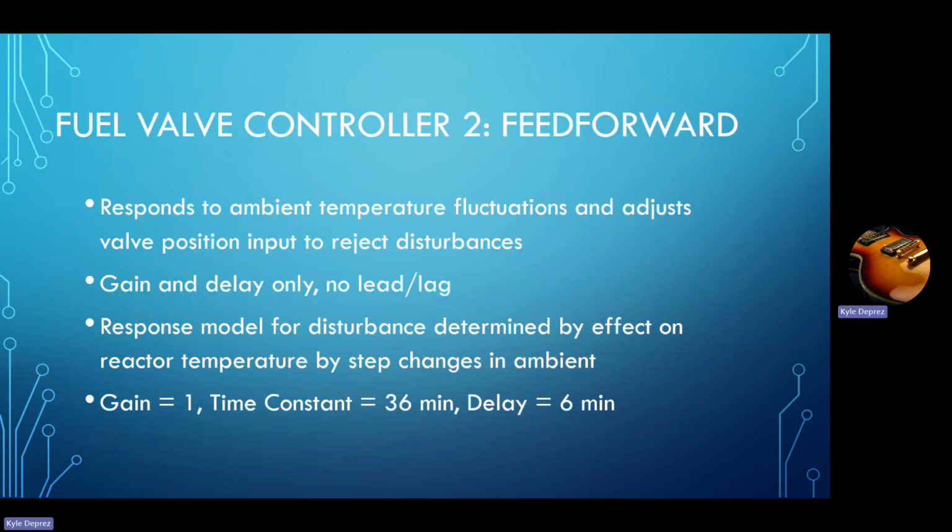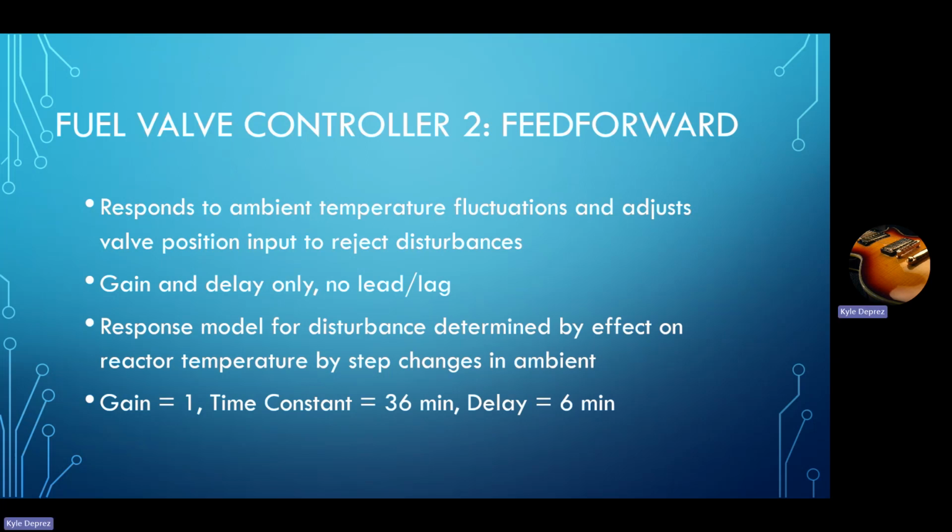For the next controller, there was another controller that was summed together to give output to the fuel valve. This one was a feed-forward controller. To implement this, we needed to obtain a model of how the reactor temperature responded to ambient temperature changes, as this was our disturbance.